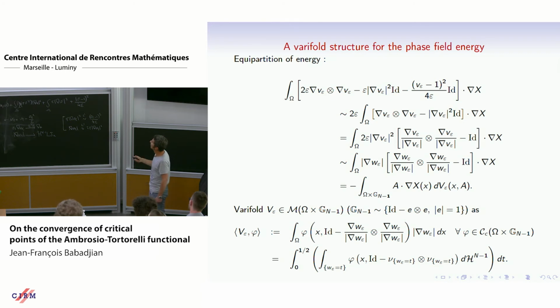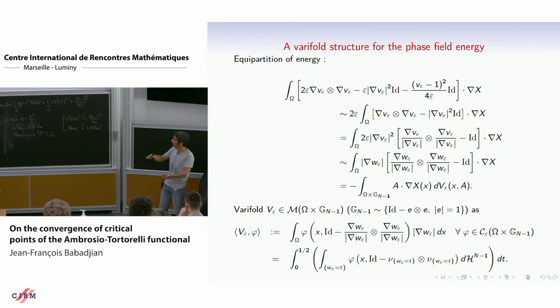Here, I will define a varifold, a measure on this product space, capital V epsilon, by looking at its action on a test function defined on omega cross Gn-1. I integrate over omega my test function, evaluated at the point x and the projection matrix onto the hyperplane of Rn orthogonal to the vector grad W epsilon.